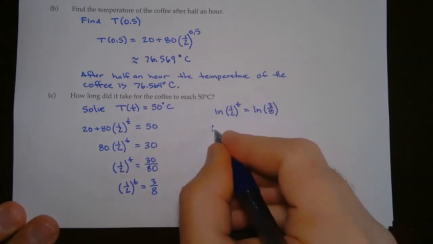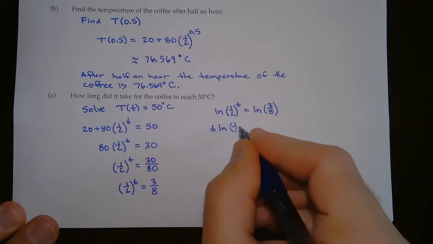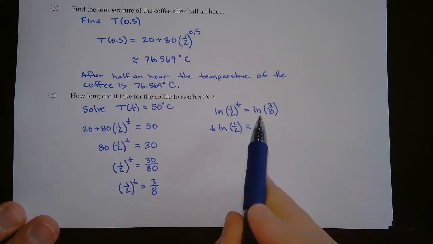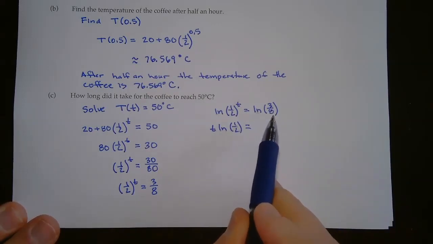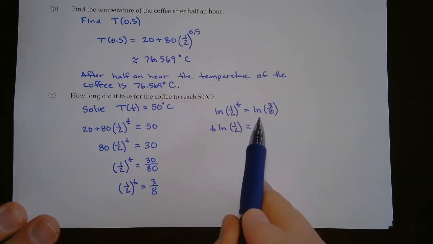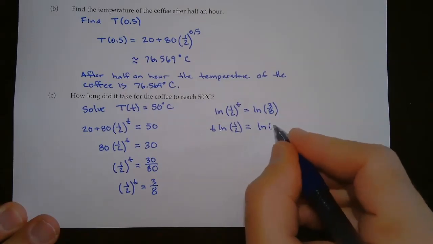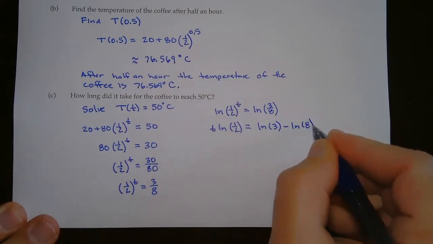So this becomes t natural log of 1/2 is equal to, and here we're going to use another logarithm property, because the natural log of 3/8 is equivalent to the natural log of 3 minus the natural log of 8. So I'm going to rewrite this as the natural log of 3 minus the natural log of 8.